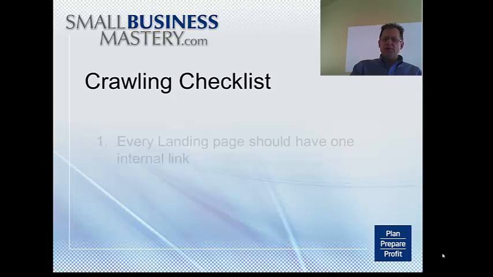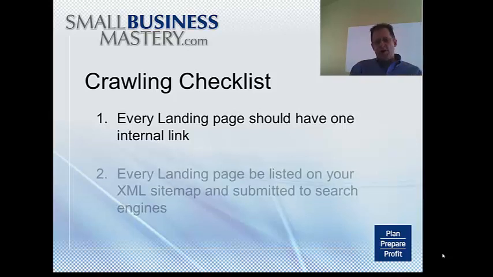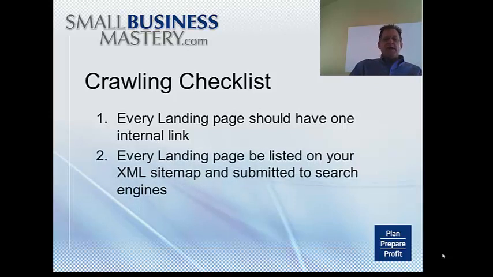So let's go through the crawling checklist. To simplify this, every landing page should have one internal link. The home page will have multiple internal links getting to that next landing page or that next core offering, your product or service, and each product or service leads to another product or service. Every landing page needs to have a sitemap, and you need to submit the sitemap to the search engines so that it's going to be easy for them to search through the website and find out what the information is about.